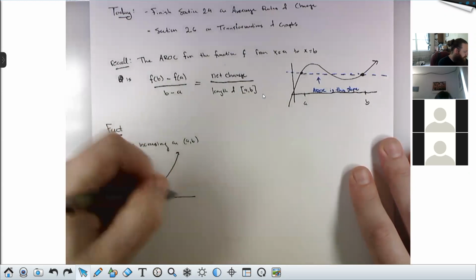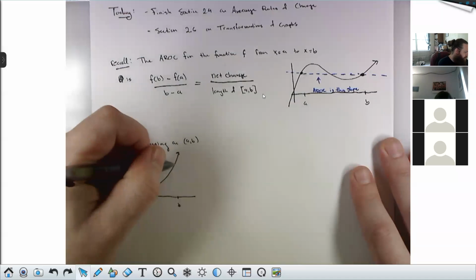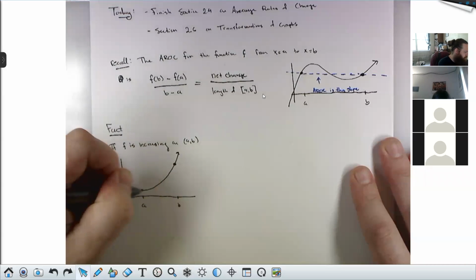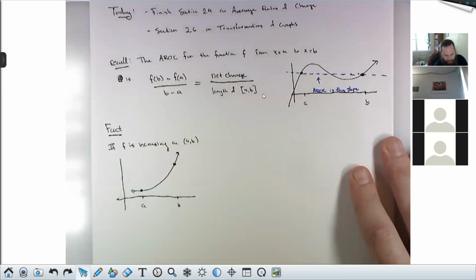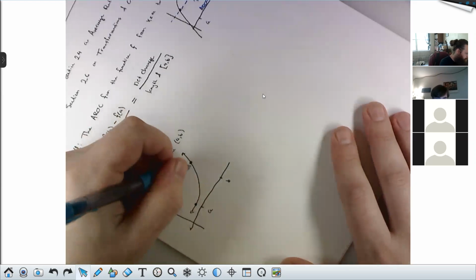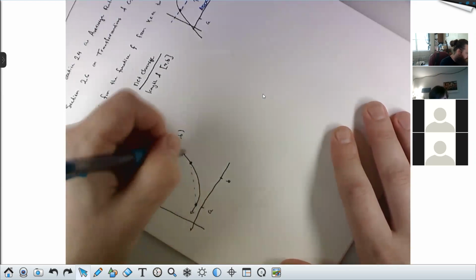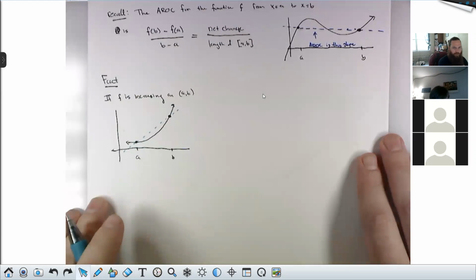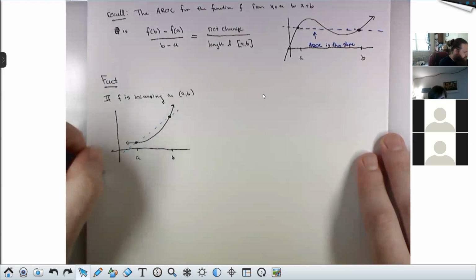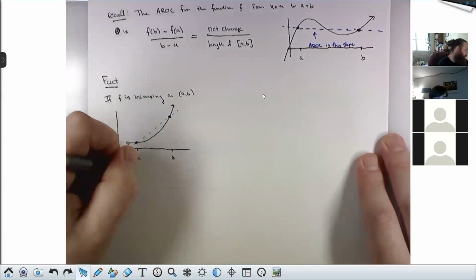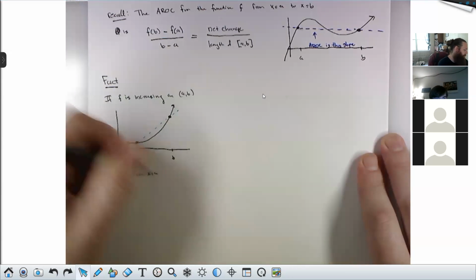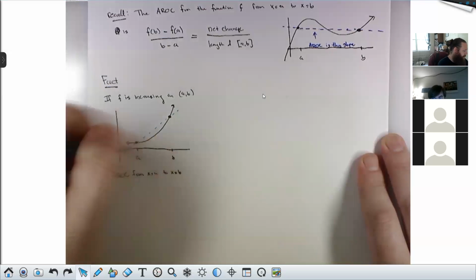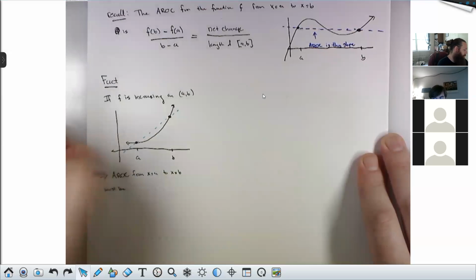So a is over here, b is over here. If your function f is increasing everywhere along the interval a, b, then the average rate of change from x equals a to x equals b must be positive.